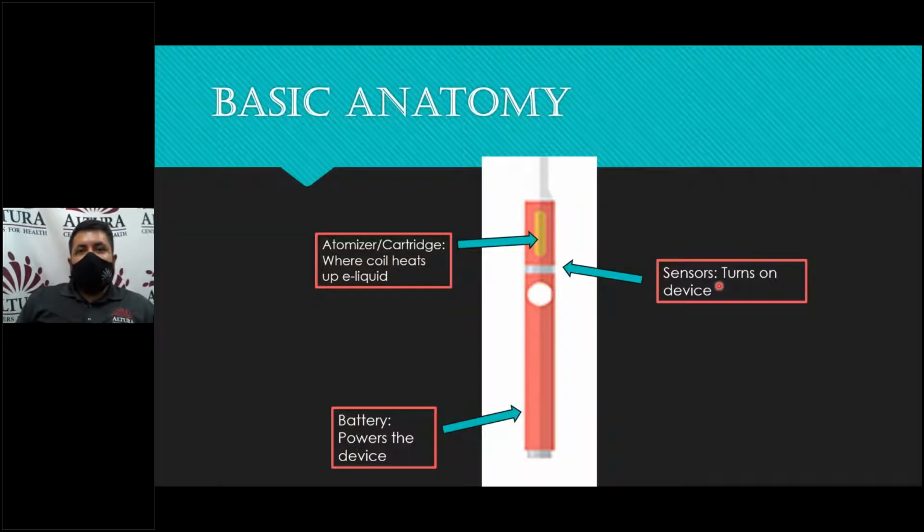And the last main component is the battery. Like I was saying earlier, some e-cigarettes can be recharged. When they run out of battery, you just recharge and use them like normal. Others, like the disposable e-cigarette, once they run out of battery, they're done. You just get rid of them.